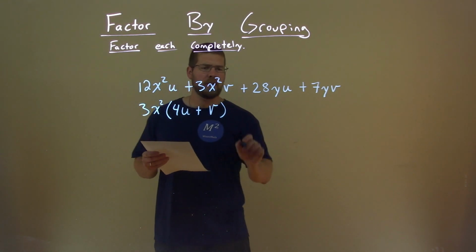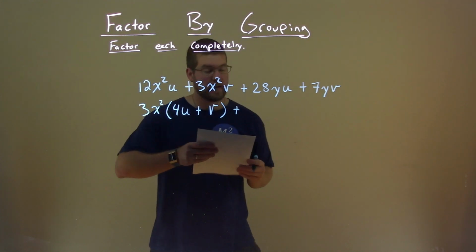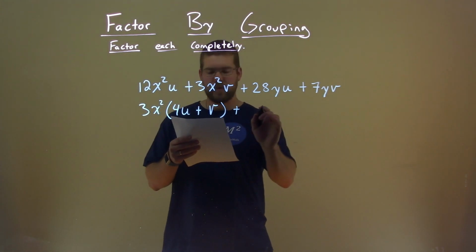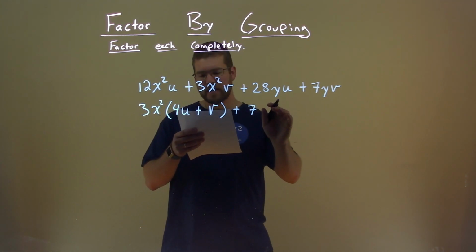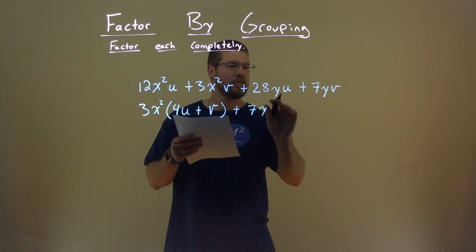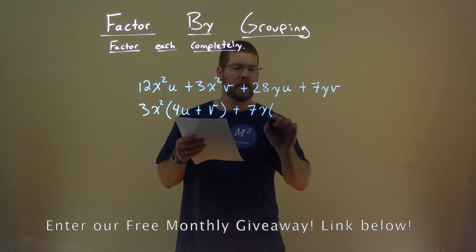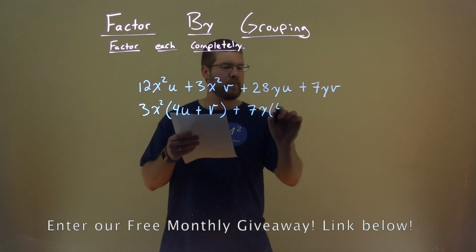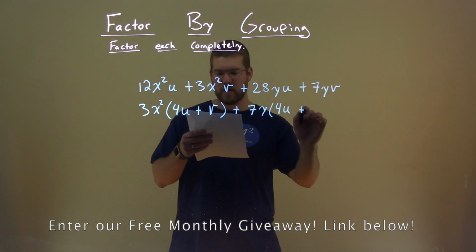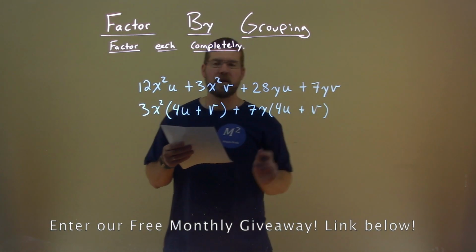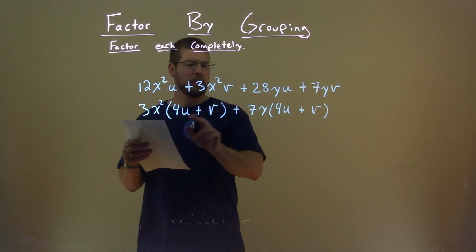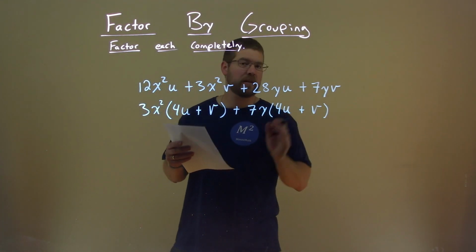So we're going to do the same thing with the second two numbers. Find the common factor. 7 goes into both 28 and 7, and the same with the y. Y goes into yu and yv. What are we left with? Well, 4u in the first part plus just a v in the second. Now we see 4u plus v and 4u plus v. We see that twice.